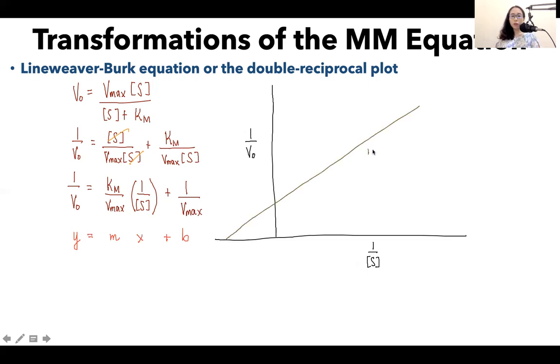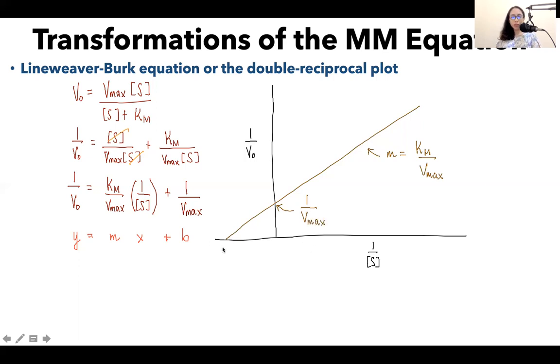The slope of this line is equal to Km over Vmax. And we have the y-intercept, which is equal to 1 over Vmax.